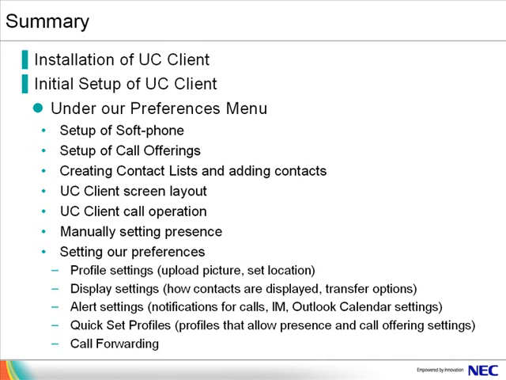We reviewed what the UC client screen layout was and how call operation worked by that dynamic window that allowed us to move calls or quickly transfer a call by typing in someone's name and finding them so that we can complete the transfer in a very efficient manner. We saw how we can manually set presence, and we went through setting up our various presence dialogues.